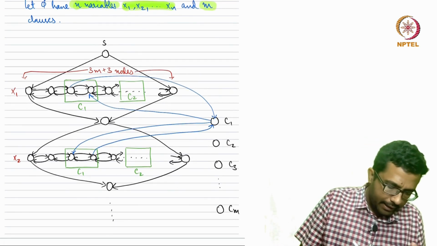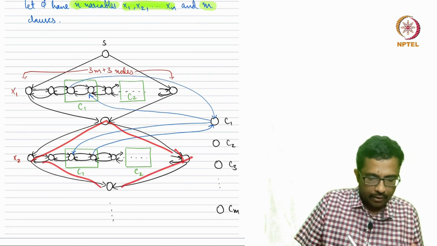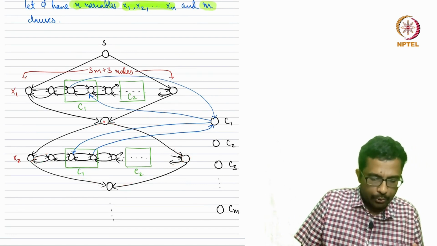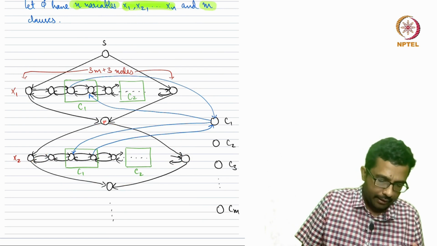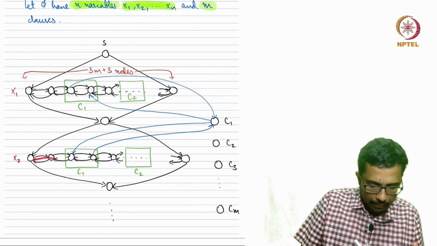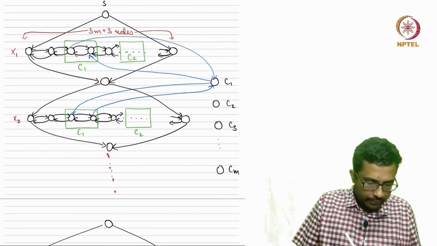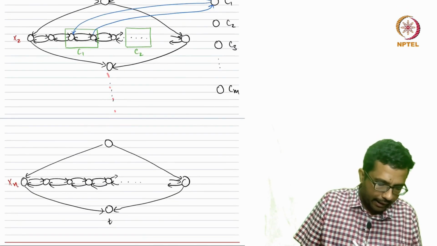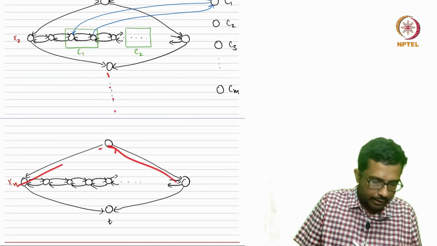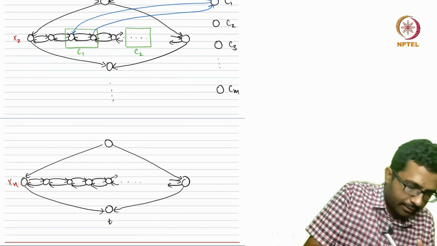And the same thing repeats in the next diamond for x2. So the top of the x2 diamond is the bottom of the x1 diamond, which is the same vertex. And same thing, I have paths from left to right and right to left, and I have identified boxes similarly for C1, C2, etc. And so on. And finally, I have the nth diamond corresponding to the variable xn, and similarly I have these boxes.